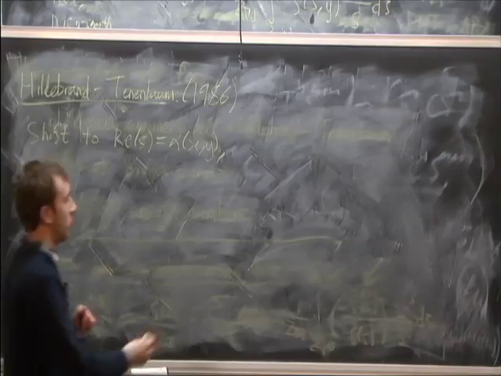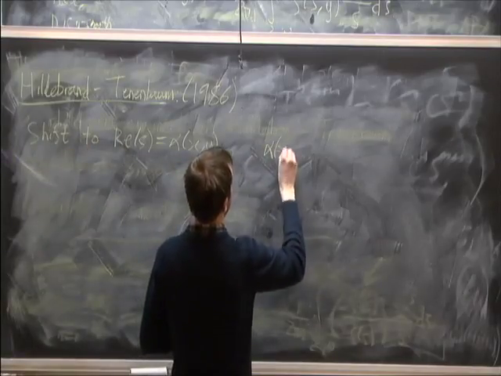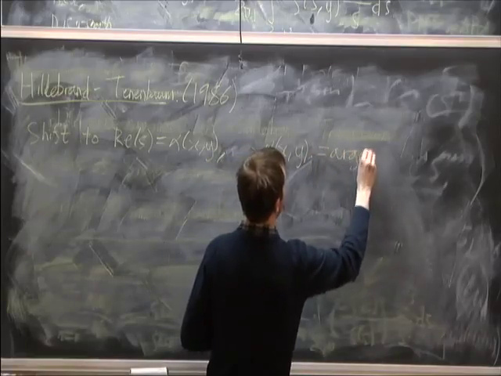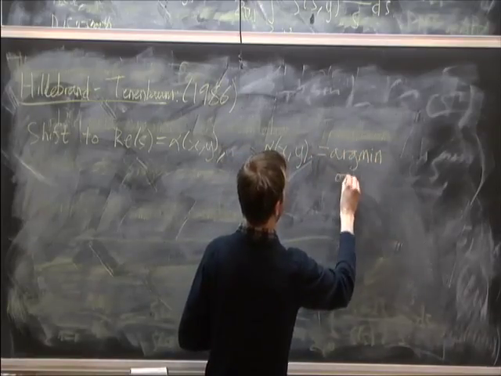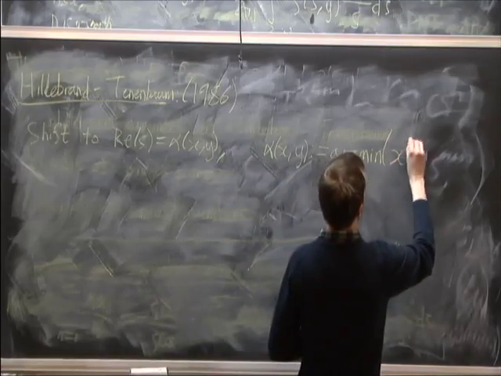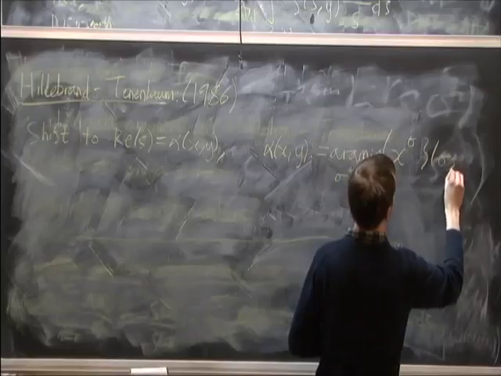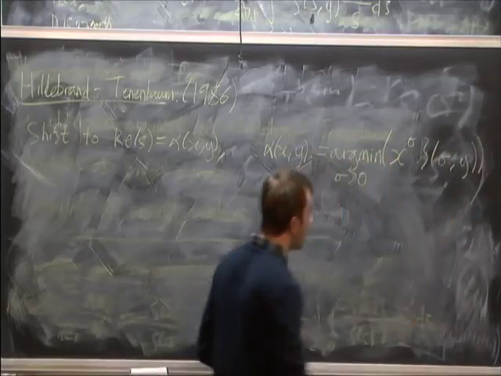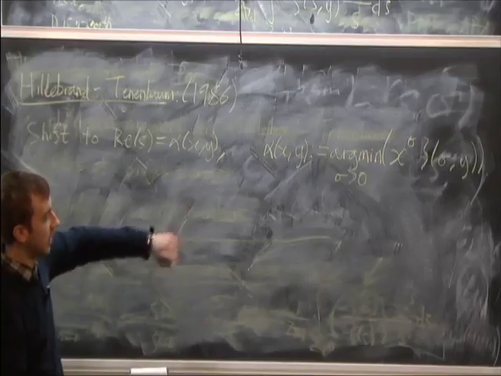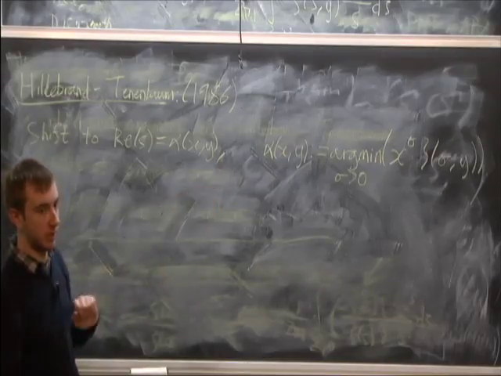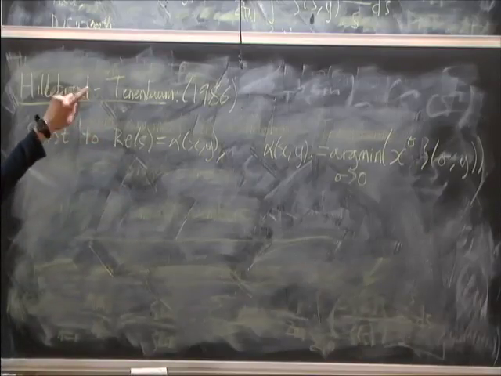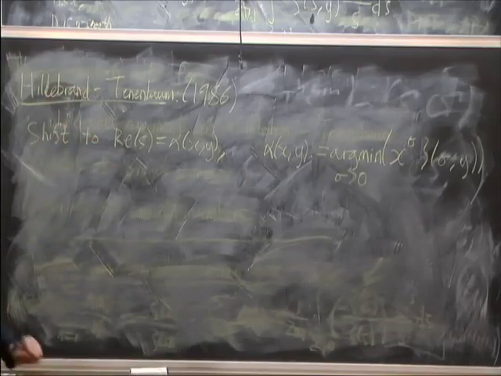And what is alpha(x,y)? It's the argmin of that thing. It's the real value of sigma strictly larger than 0 that minimizes x^sigma zeta(sigma,y), where zeta(sigma,y) is the partial Euler product up there.